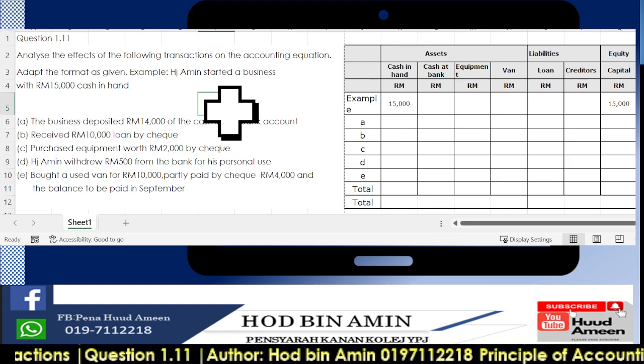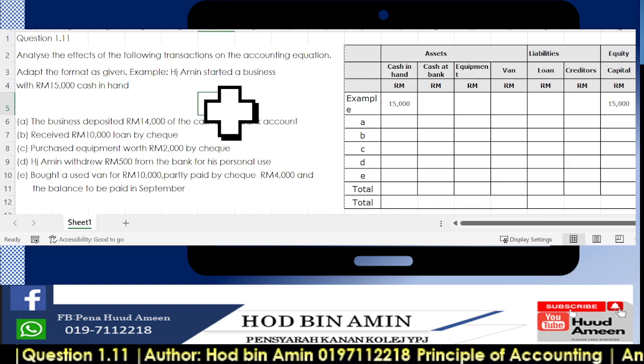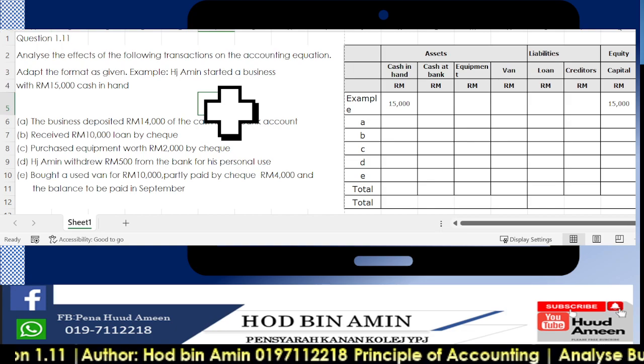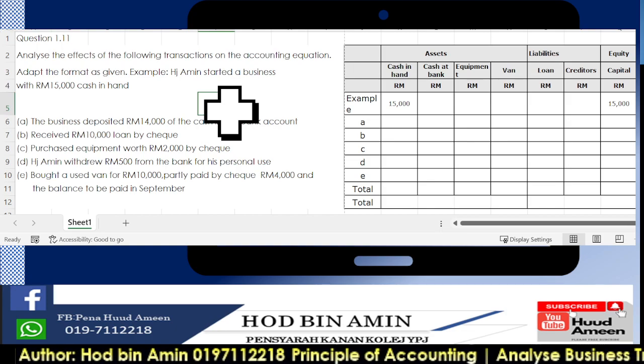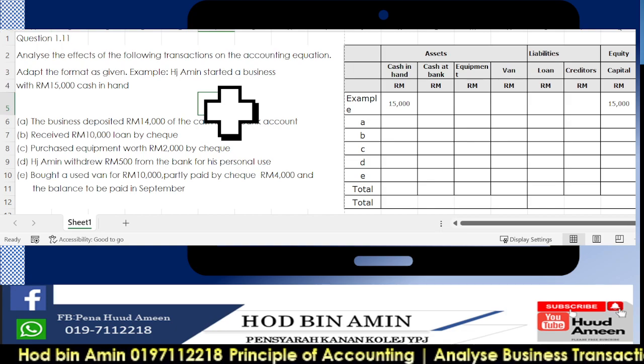And what does the question say? Analyze the effects of the following transaction on the accounting equation.